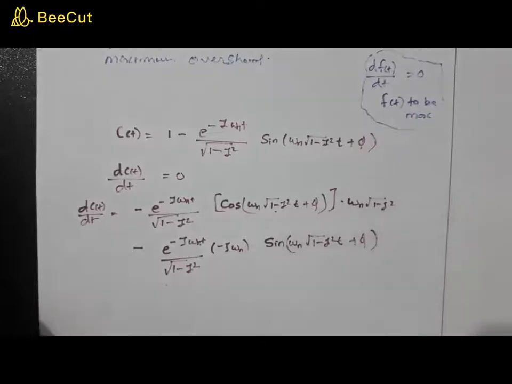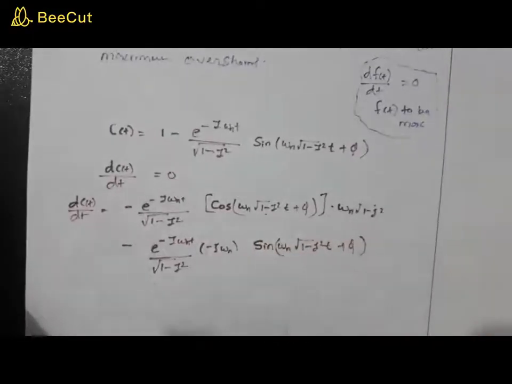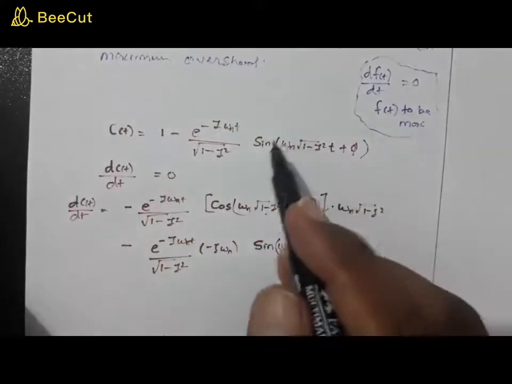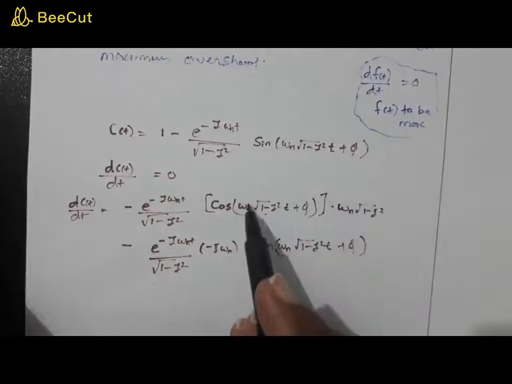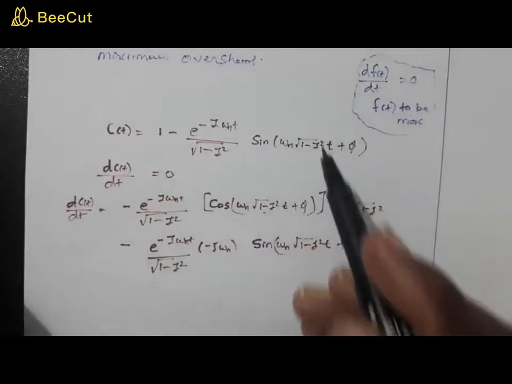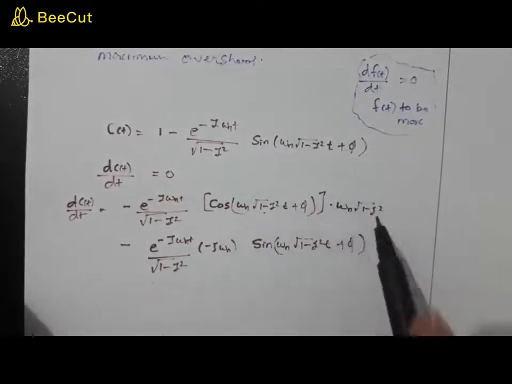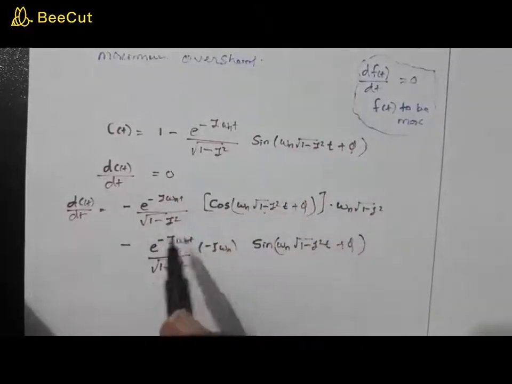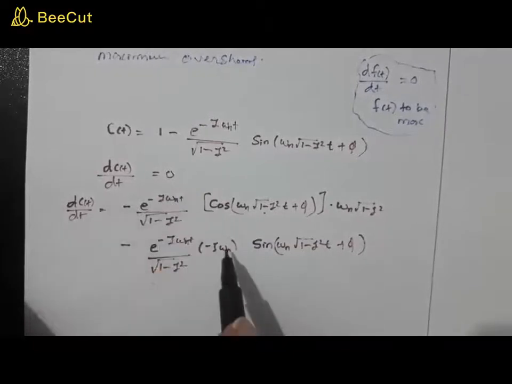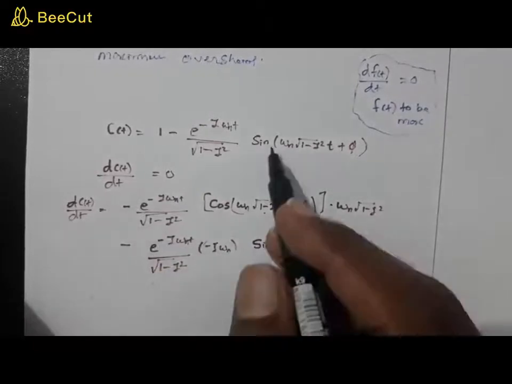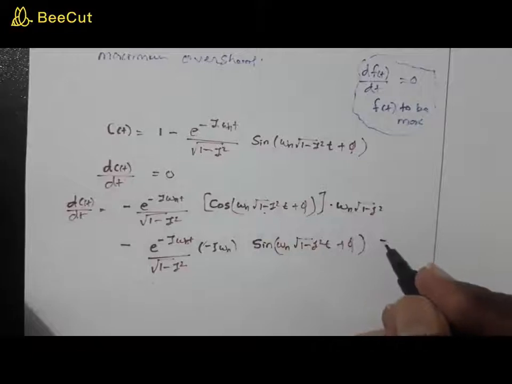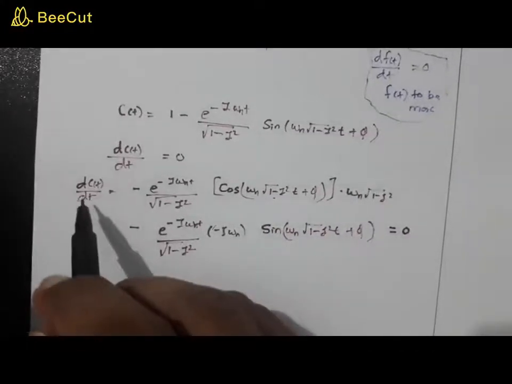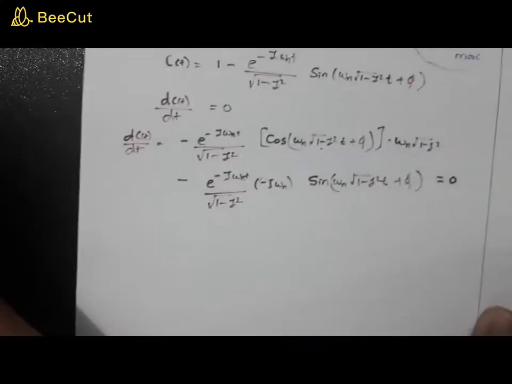First I differentiate the sine, so sine becomes cos, and the internal differentiation gives omega n root of 1 minus zeta squared. Then I differentiate the first function, giving the product of that differentiation and the sine function. This value is equal to 0, that is dc(t)/dt equals 0.